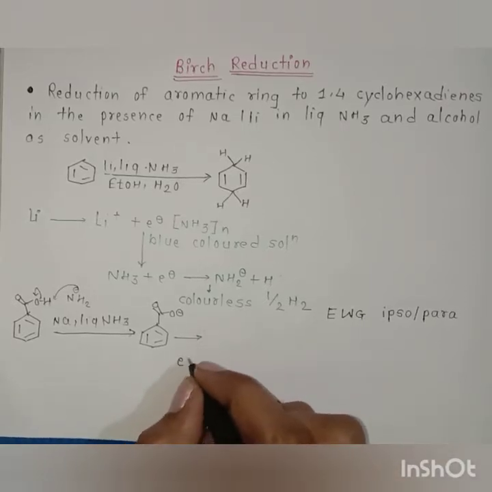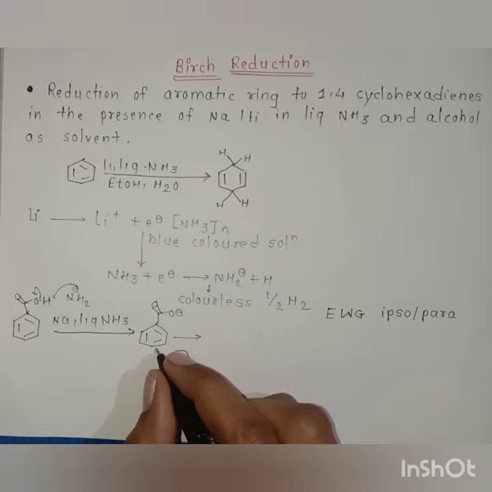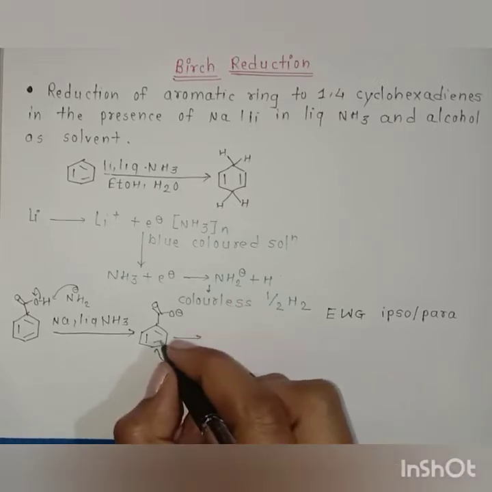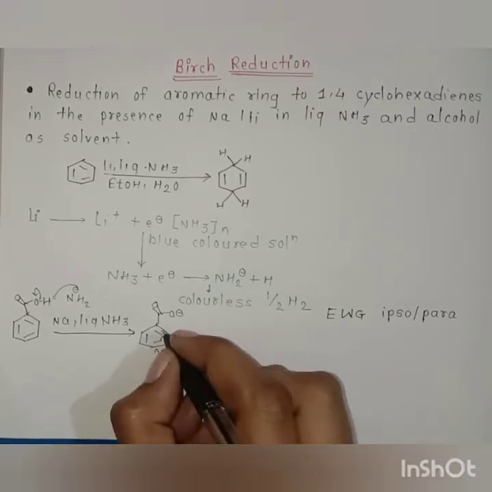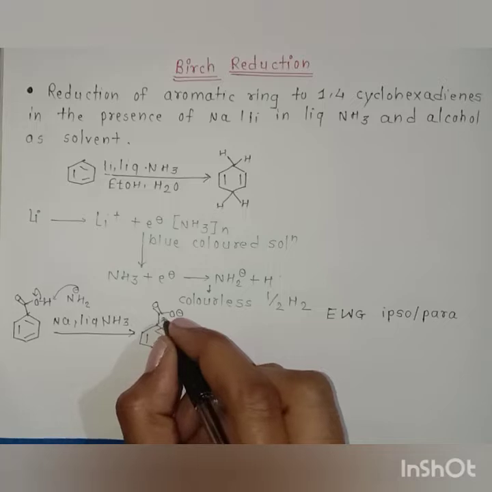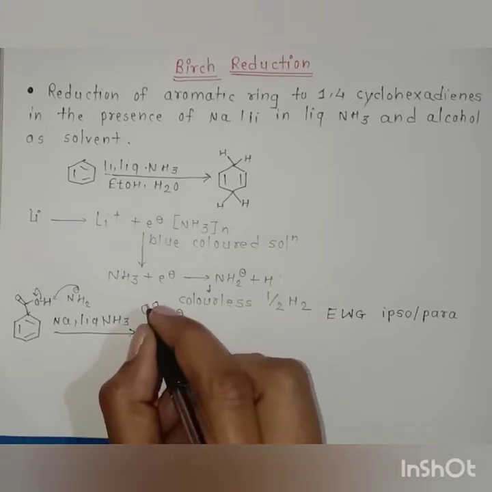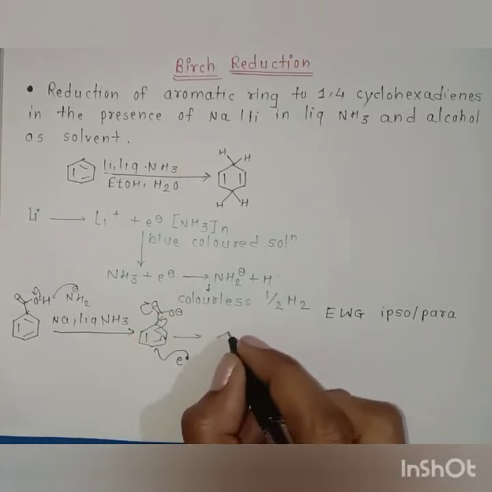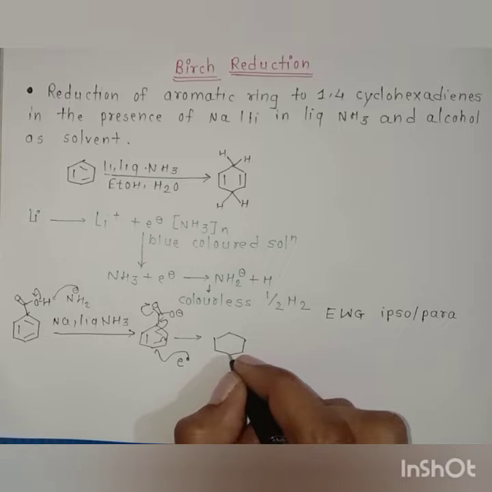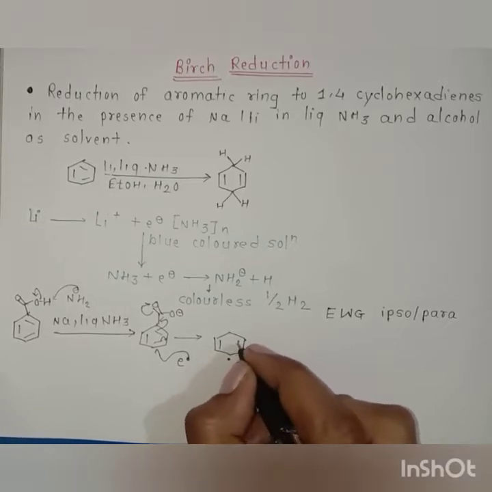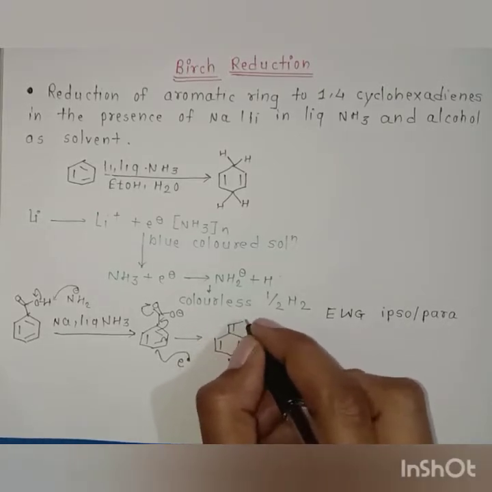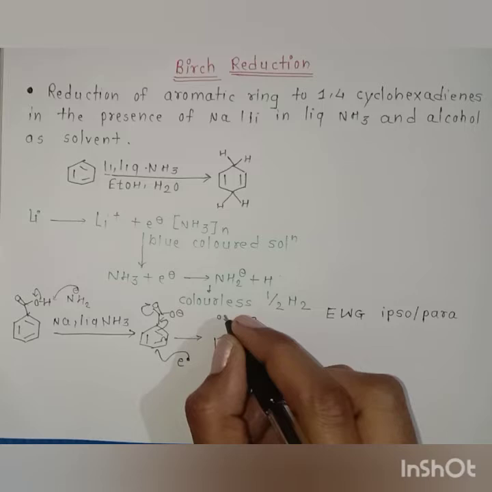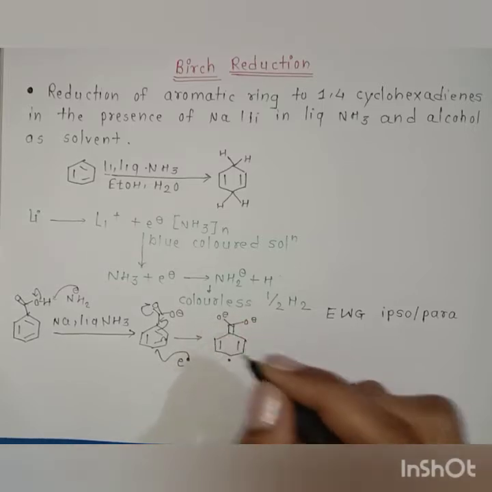In the next step, the sodium or the lithium donates an electron, then this bond shifts here, then again this bond shifts here and oxygen becomes negatively charged. And we get this.